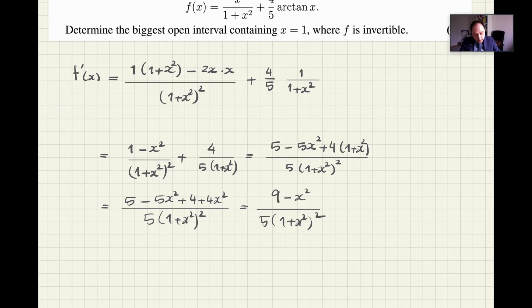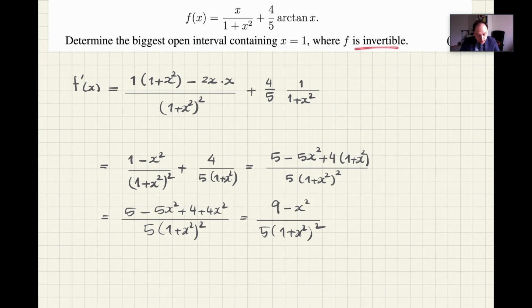Okay, but now I want to make the function invertible. It doesn't matter, you can make it invertible by making it a decreasing function, or you can make it invertible by making it an increasing function. But here you are supposed to find the biggest open interval containing x equals 1. So let us see what we can do here.